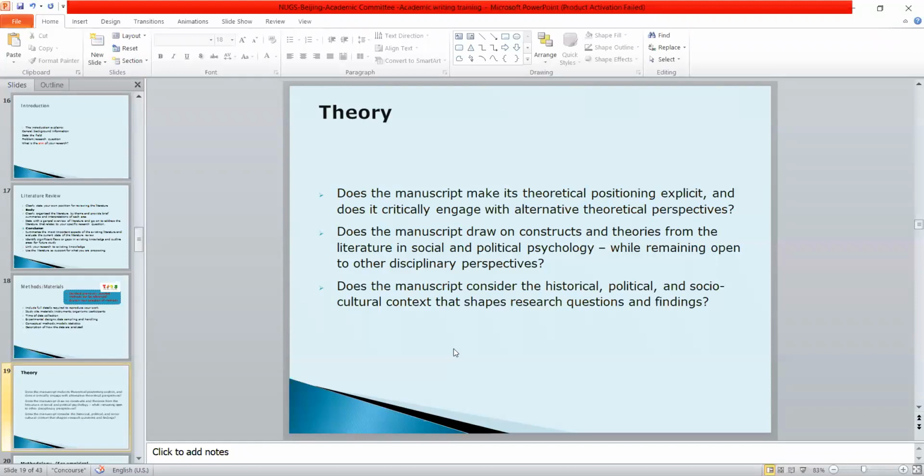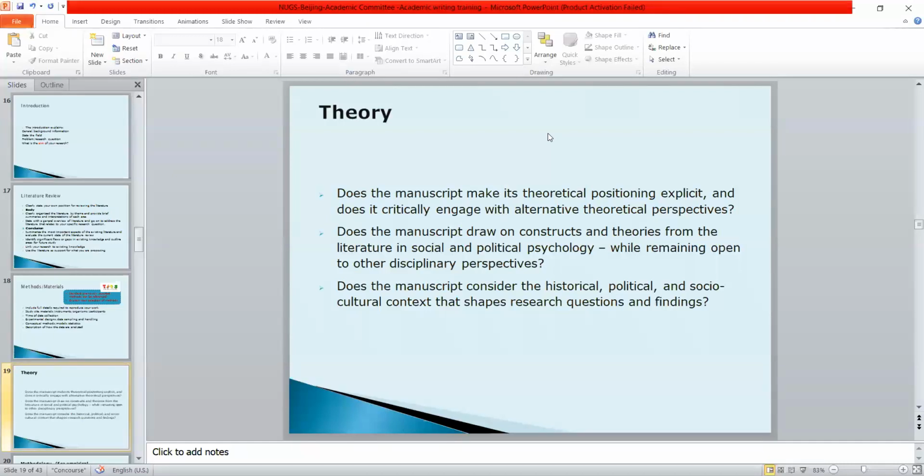So that is your theoretical position. Does the manuscript make its theoretical position very clear? And does it critically engage with alternative theoretical perspectives? Is your theoretical positioning engaging with other thoughts? Then, does the manuscript draw on constructs and theories from literature in social and political psychology, whilst remaining open to other disciplines?